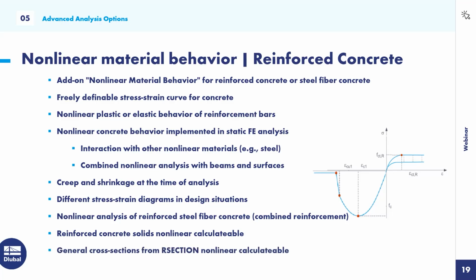So this is also possible. And general cross sections from our section program can also be calculated nonlinearly in RFEM. This was not possible in RFEM 5. This is completely new. If you have some special geometry of your beam cross section, you can also use the nonlinear calculation because it's totally generally developed.